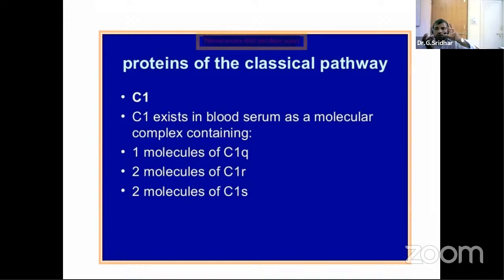Then this C1q will change the structure of C1r and C1s. Now C1s can activate C4. This C4 splits into a smaller subunit and a larger subunit. The smaller subunit of the C4 protein we call C4a. The larger subunit of the C4 protein we call C4b.